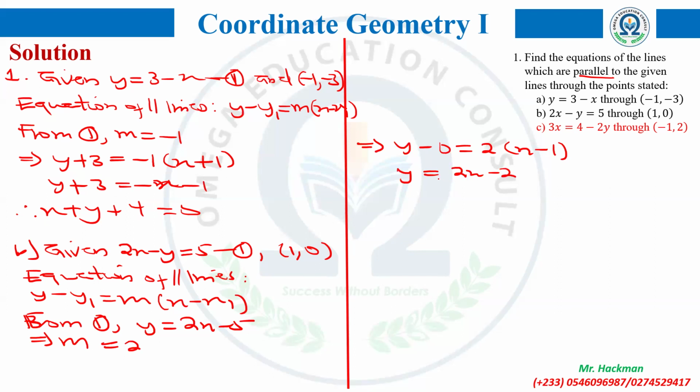Everything should be on one side, equated to 0. The x term first, which must be positive, is positive here. So I'll write 2x minus y minus 2 is equal to 0. So therefore, this will be the equation. Is my point well made?